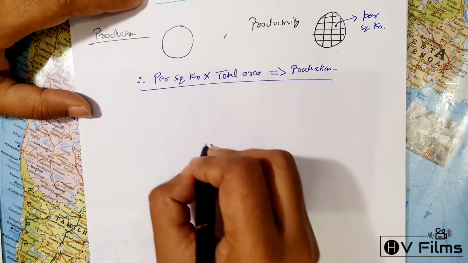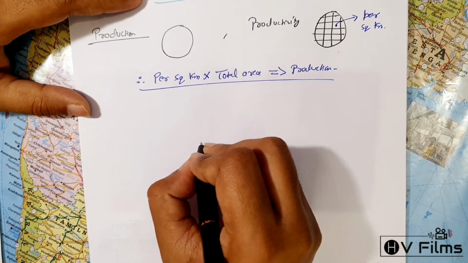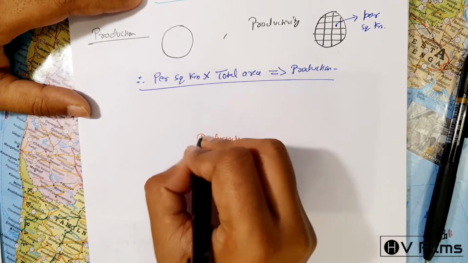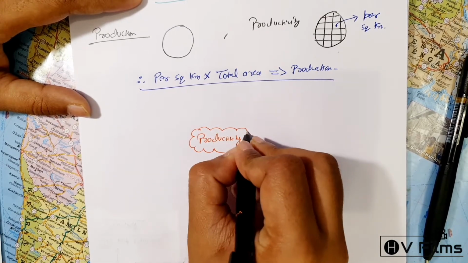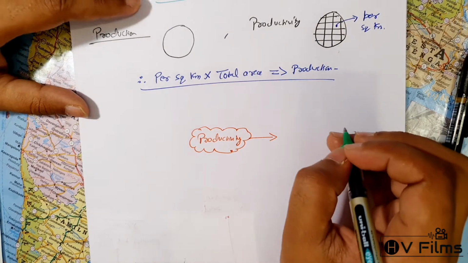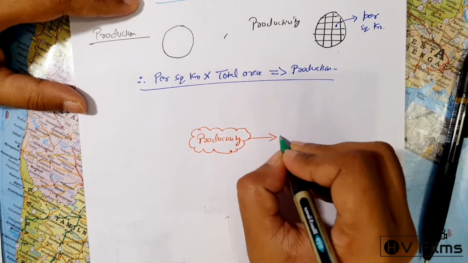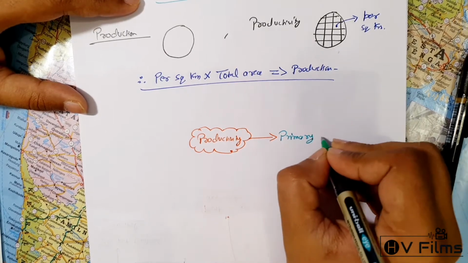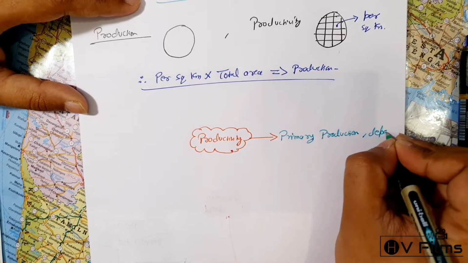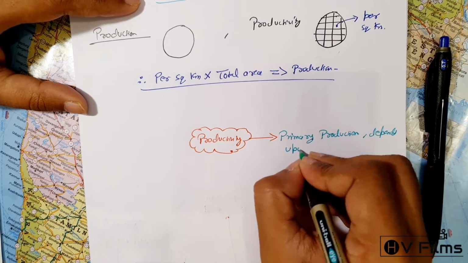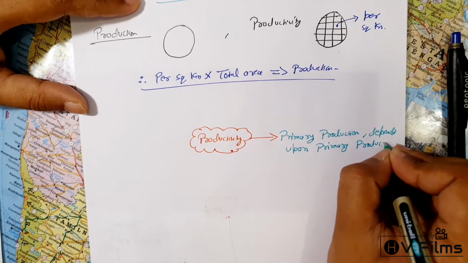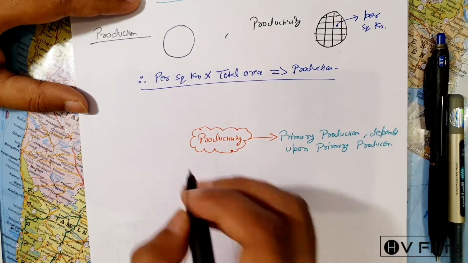For example, if we talk about productivity, the first thing is that primary production depends upon the primary producer. I think it's pretty much obvious, right?